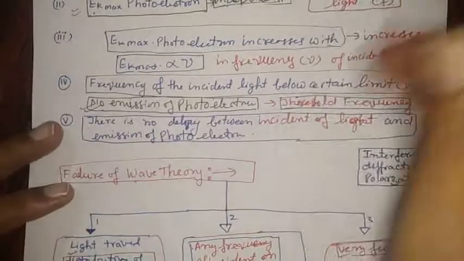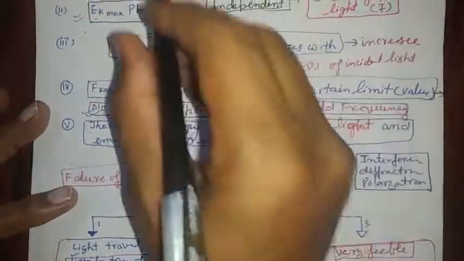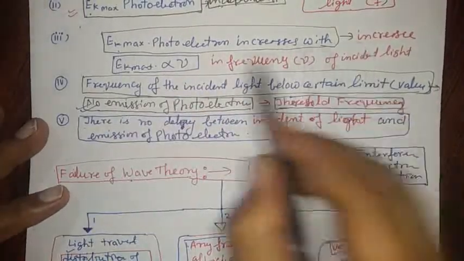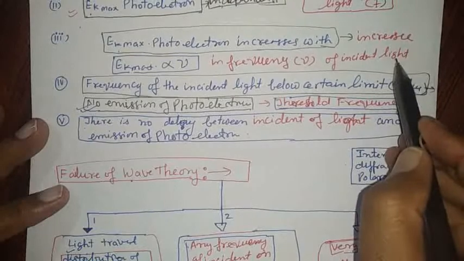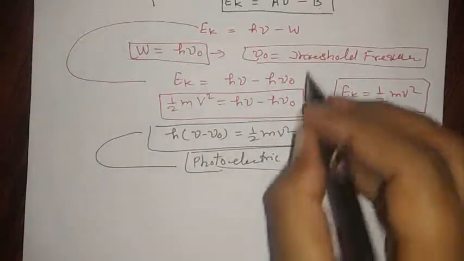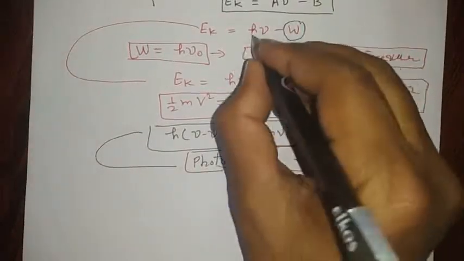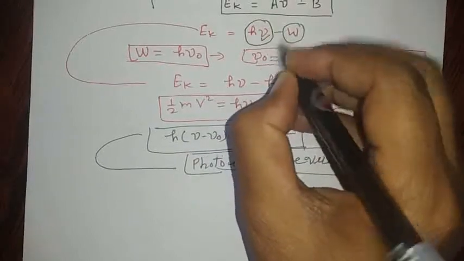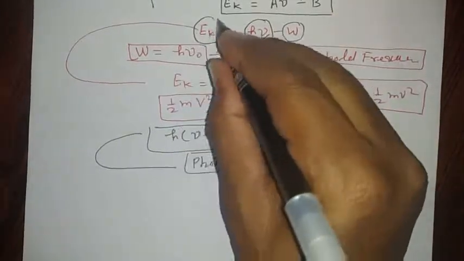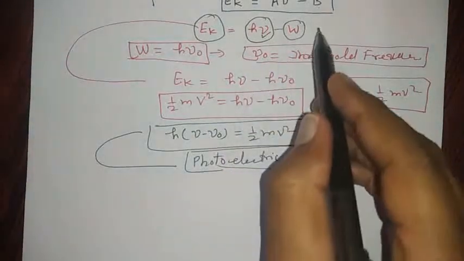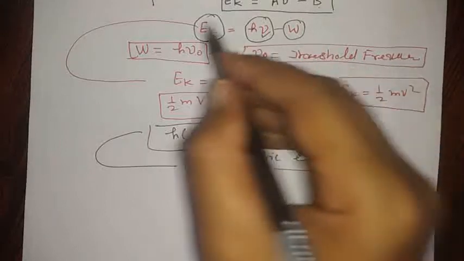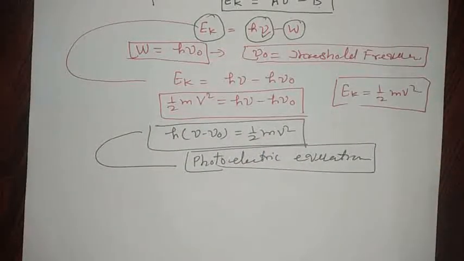So this is successfully explained. The third one: maximum kinetic energy increases with increase in the frequency of the incident photon. Very good. The work function of a metal is constant. If nu increases, the energy of the photon increases. As a result, the kinetic energy of the electron increases. It is clearly explained by Einstein's photoelectric equation, which is given in different forms here.